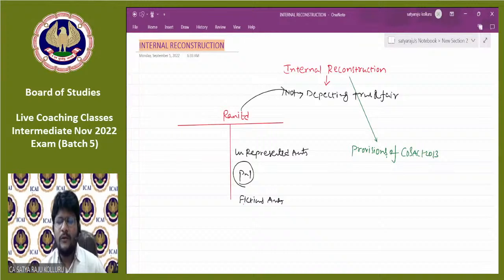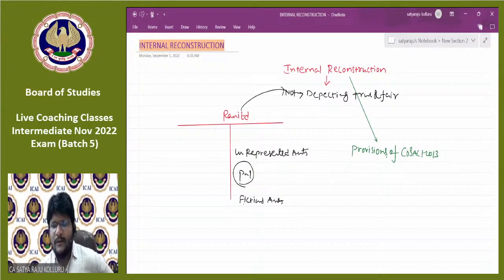This is not at all a good sign for a company that wants to continue its business activities for a longer period, because everyone can easily identify that the company is loss-making and that certain internal reconstruction procedures were adopted in the company previously. That is the reason why people are generally not willing to go for internal reconstruction. So the practical applicability is much lower. In fact, frankly speaking, I also haven't seen any company adopt internal reconstruction in the past 15 to 30 years. Okay, fine.